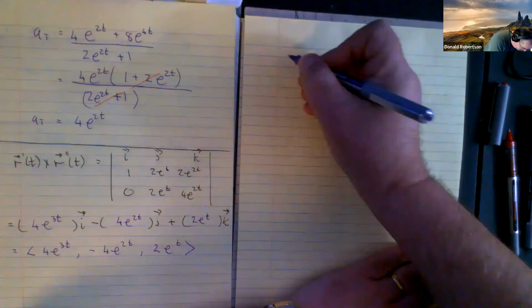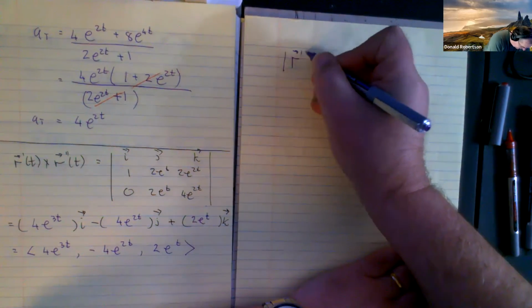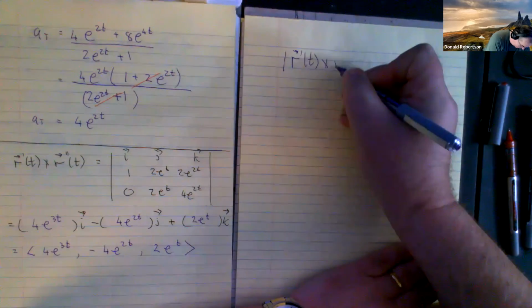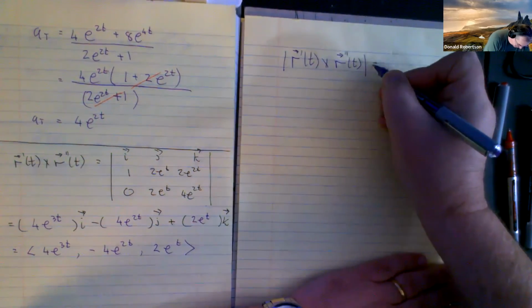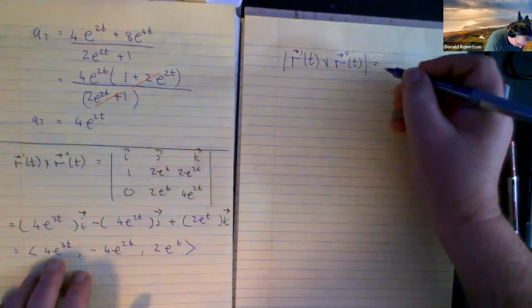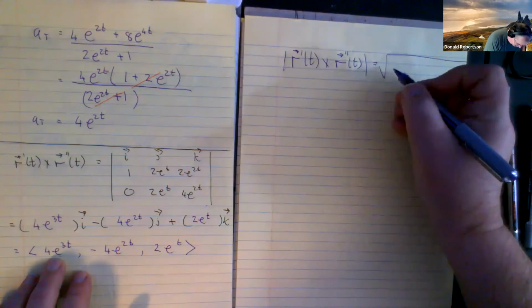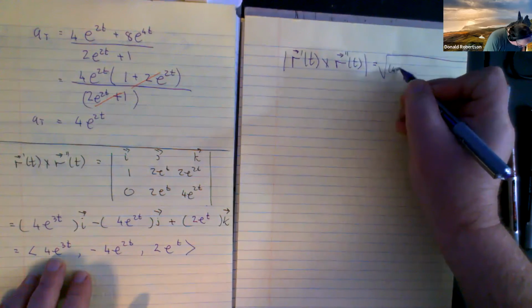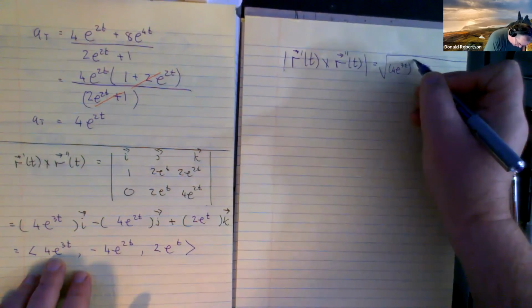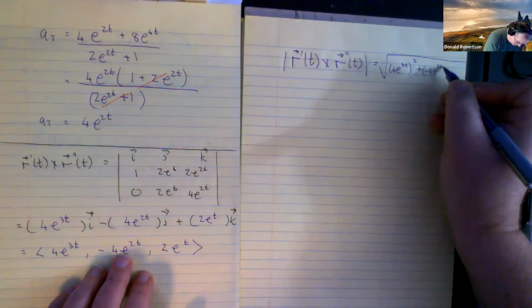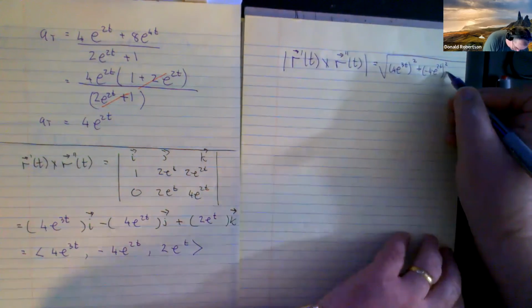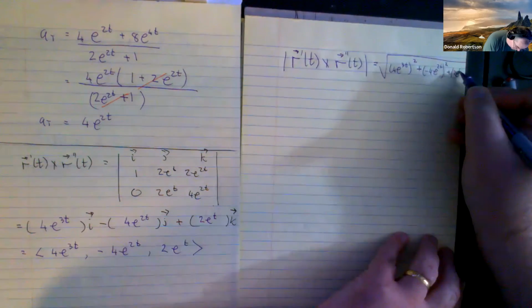I need to find the magnitude of this guy. And so it's going to be the square root of 4e to the 3t squared plus negative 4e to the 2t squared plus 2e to the t squared.